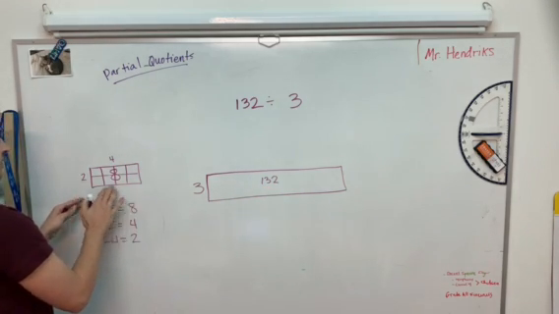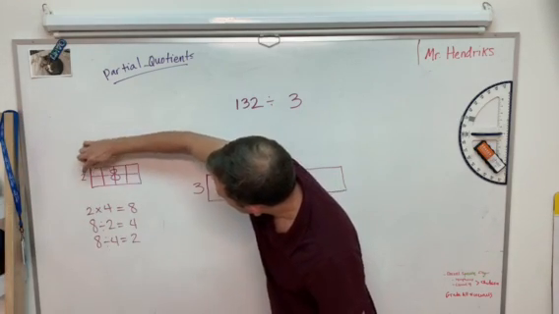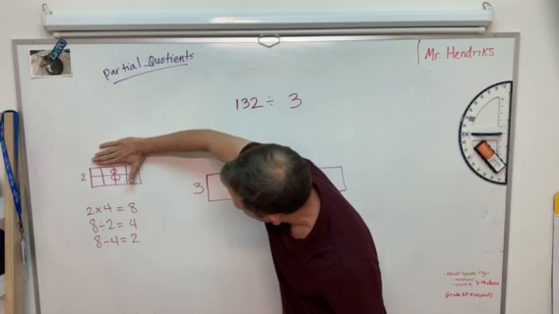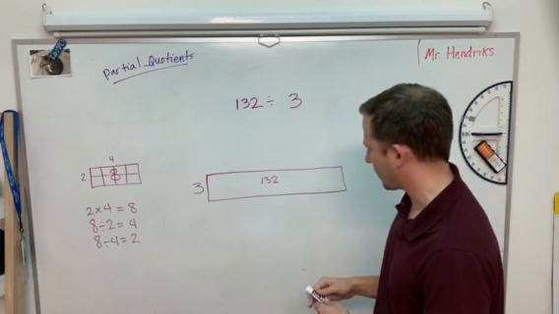Okay, so if we didn't know this was a 4, we could say 2 times an unknown number will give us 8. Well, that unknown number has to be 4. So that's what we're doing with partial products.